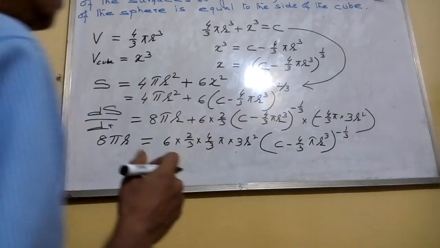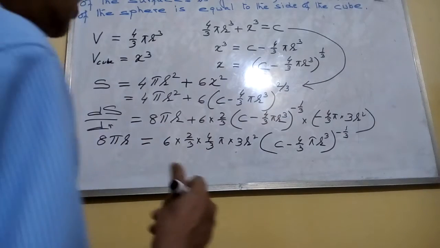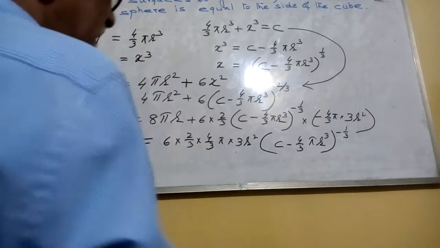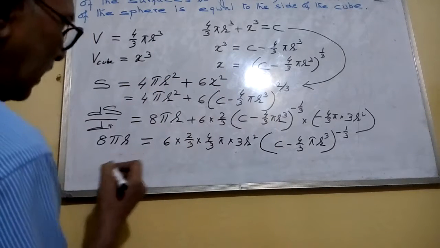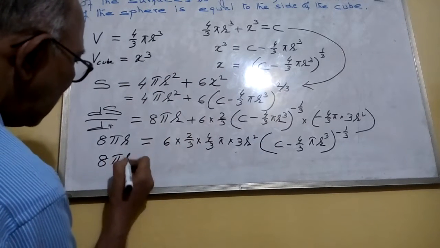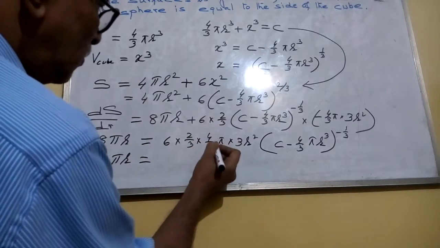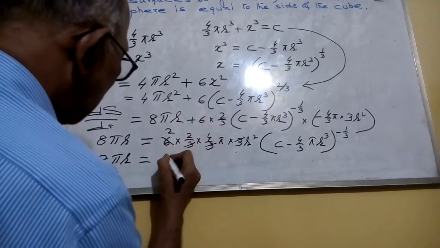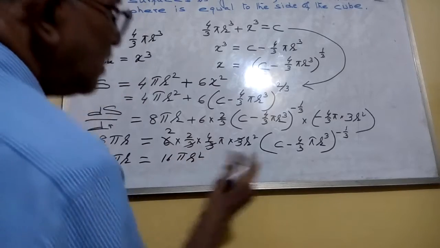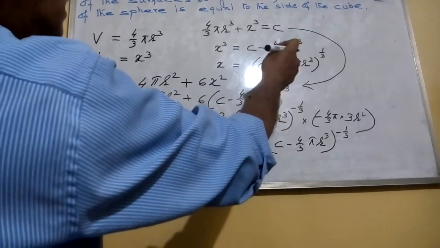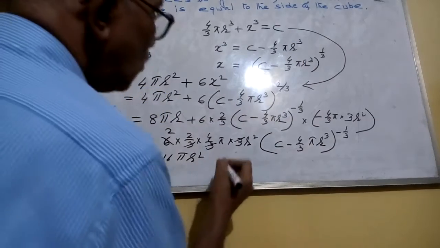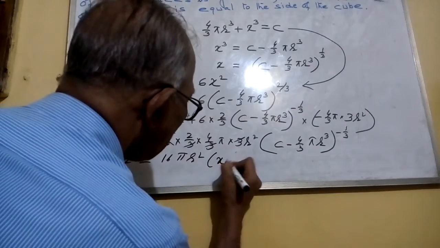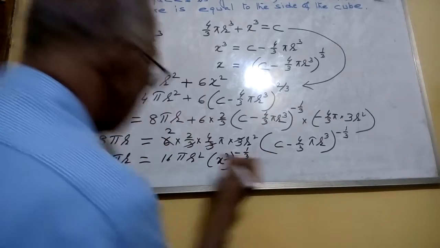Now from here, if we put (c − 4/3 πr³)^(1/3) as x, what we get is 8πr = 16πr² × (c − 4/3 πr³)^(−1/3), and c − 4/3 πr³ was x³. So it is x³ to the power −1/3.